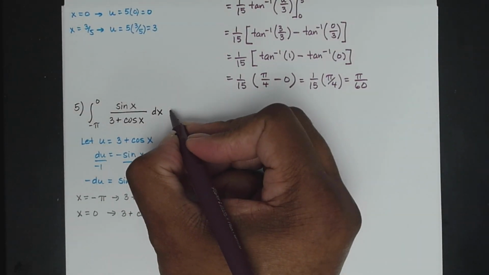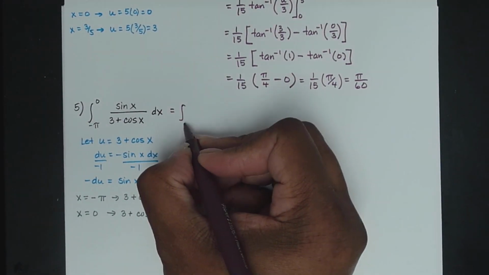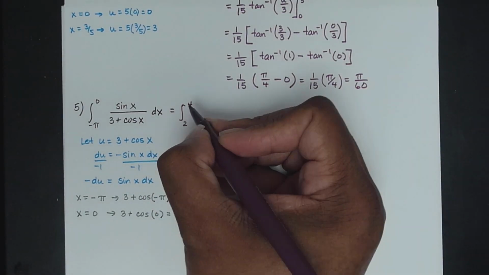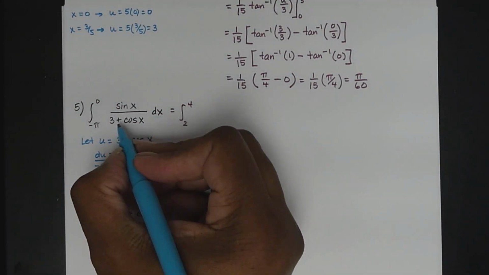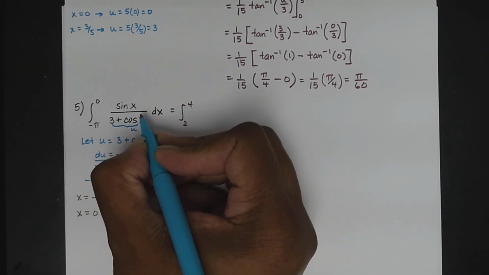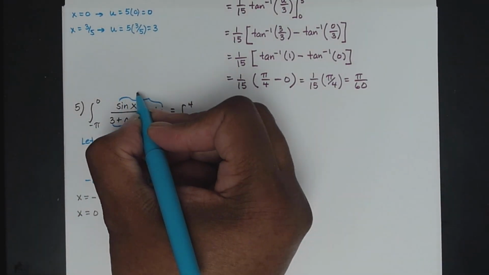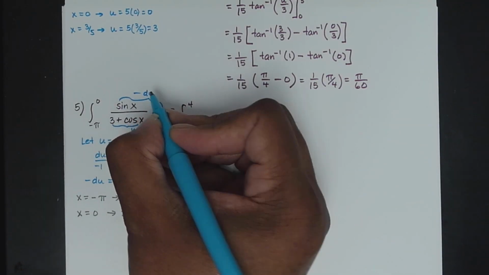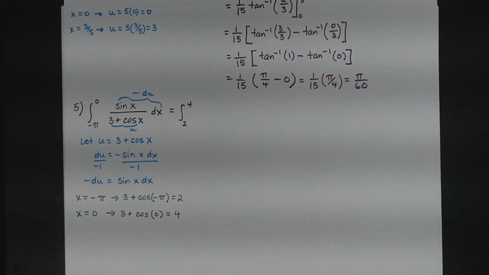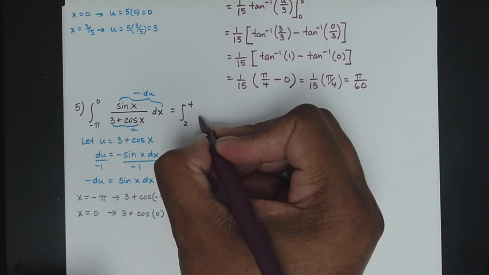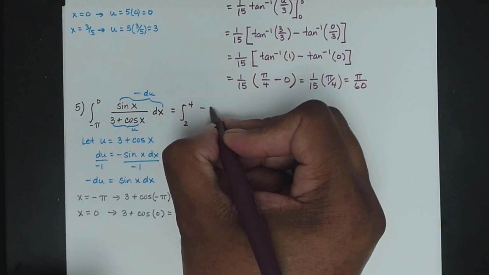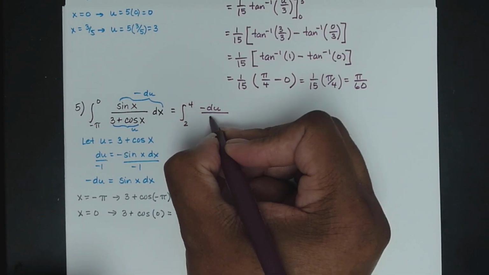So this time, I'm going to have the integral from 2 to 4, instead of from negative pi to 0. Well, that 3 plus cosine of x, that's the u. Sine of x dx, that's going to be negative du. So from 2 to 4, negative du divided by u.